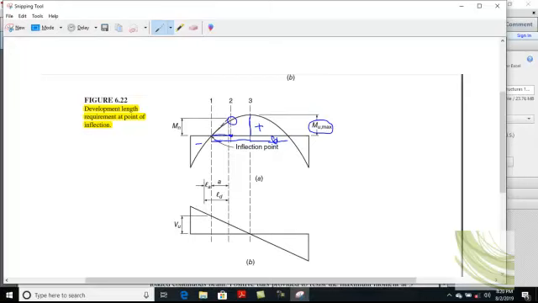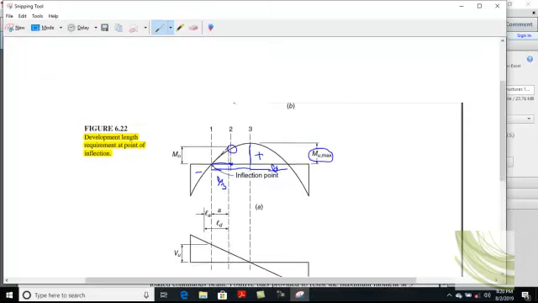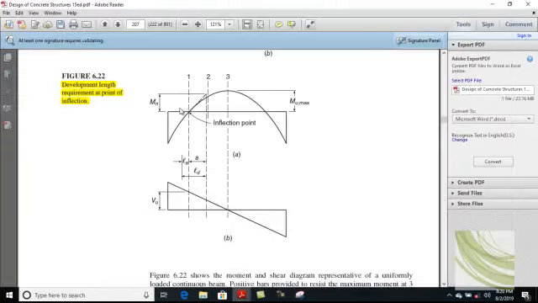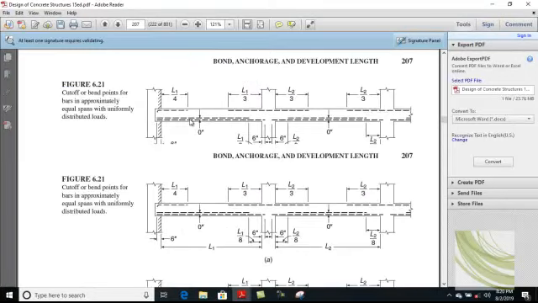For this point of moment, the development length of this bar will be 1/3 of the development length. Basically, it is just this problem right here.